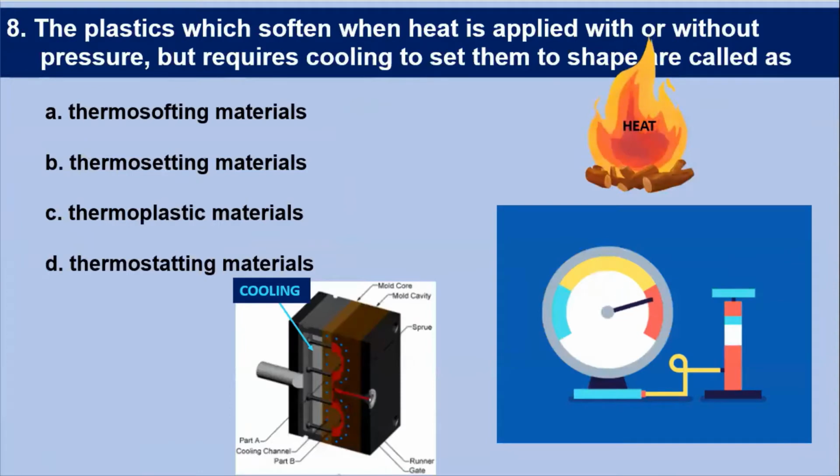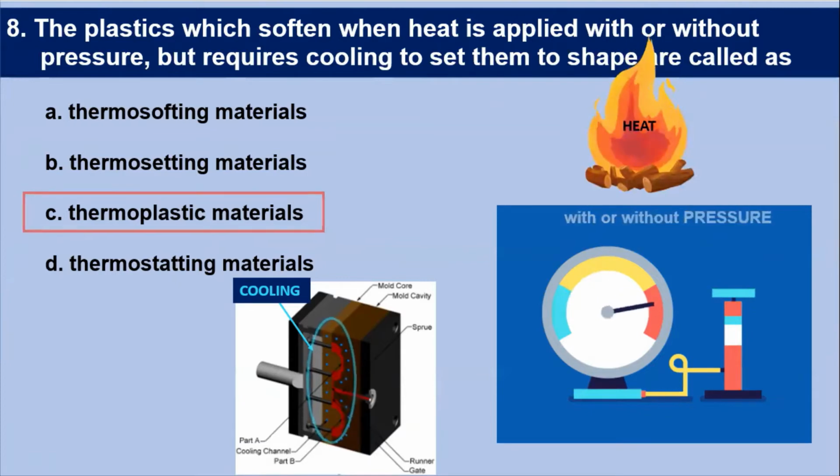Next question: the plastic which softens when heat is applied, with or without pressure, but requires cooling to set them to a shape, are called. So you know that this is basically the definition of the thermoplastic material.